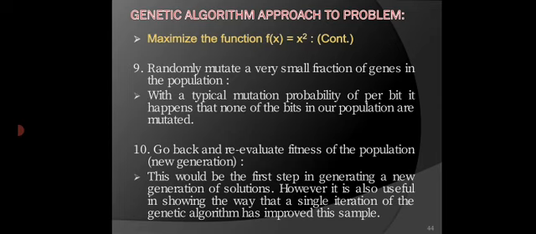This would be the first step in generating a new generation of solutions. However, it is also useful to see the way that a single iteration of the genetic algorithm has improved this sample, right? If we cannot mutate this, then start the problem from the first step, assign fitness. Okay.